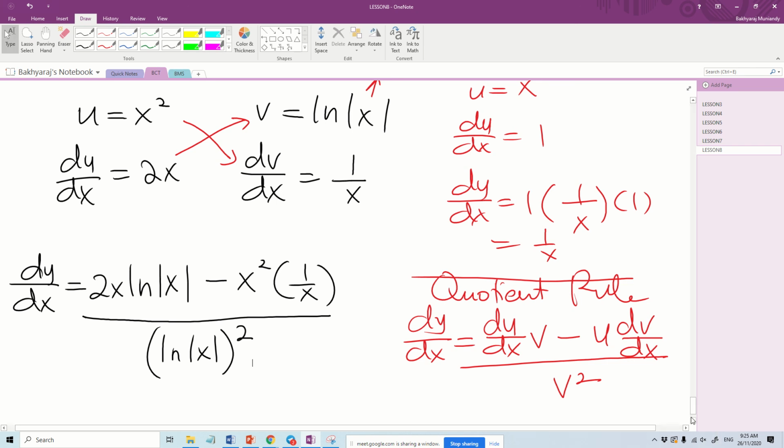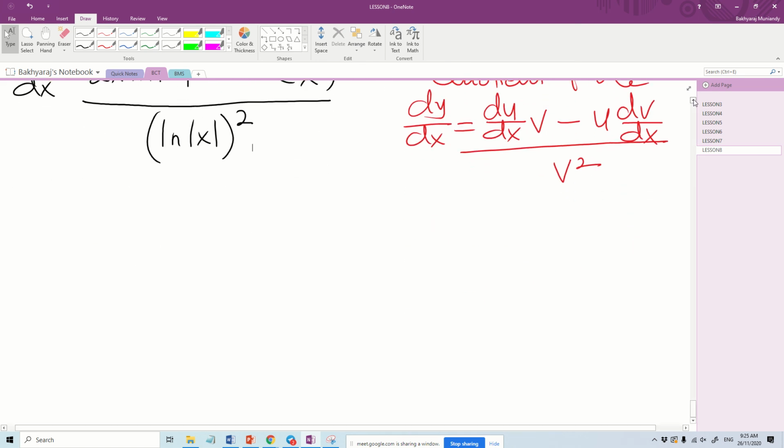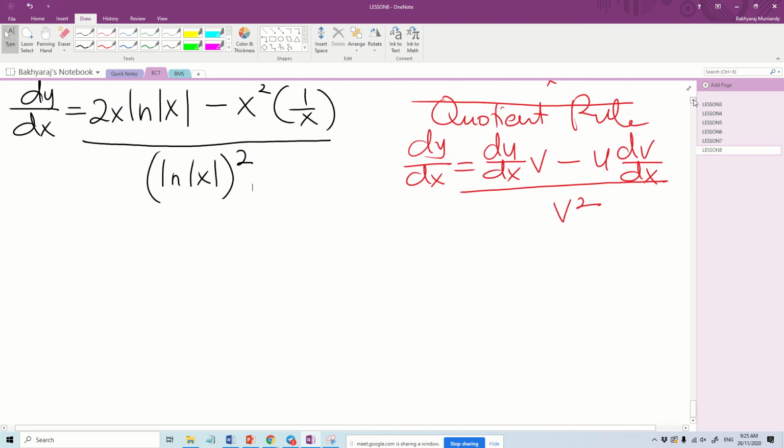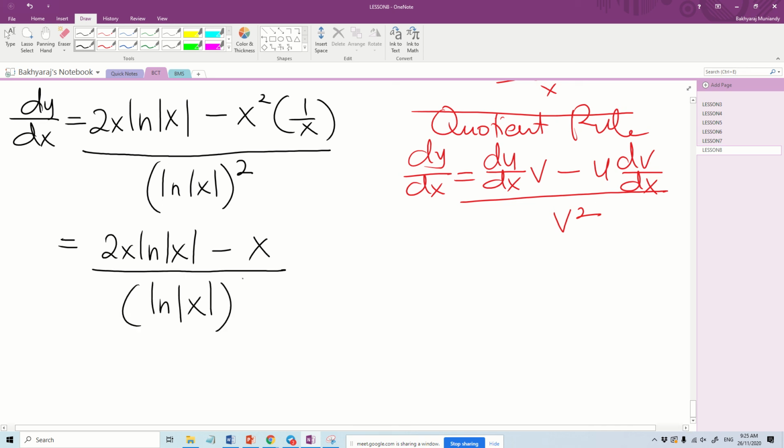So my last answer will be 2x log x minus x, over log x square. So kita akan dapat (2x log x minus x) divided by (log x) square.